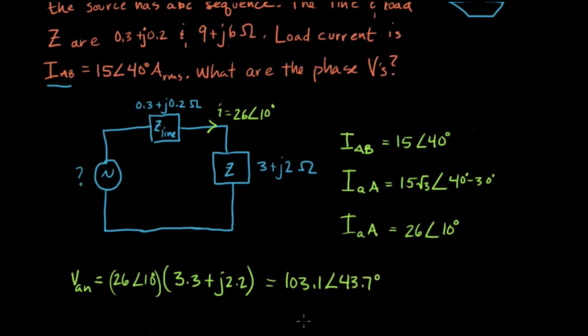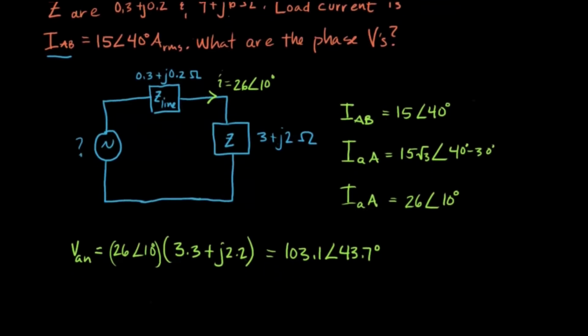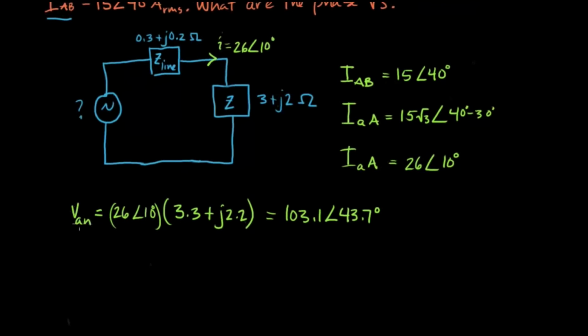Okay? And if you were to keep it in a Y network, the magnitudes would stay the same from VA to N, going to VB to N. The phase angle would be 43.7 minus 120, and then for VCN it would be 43.7 plus 120.